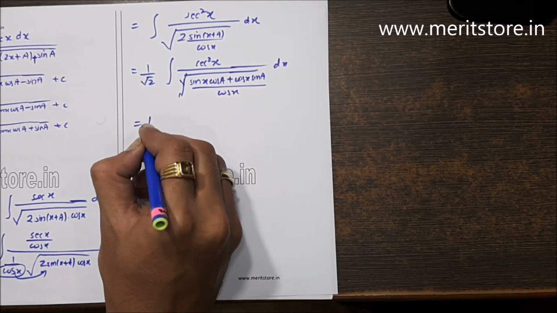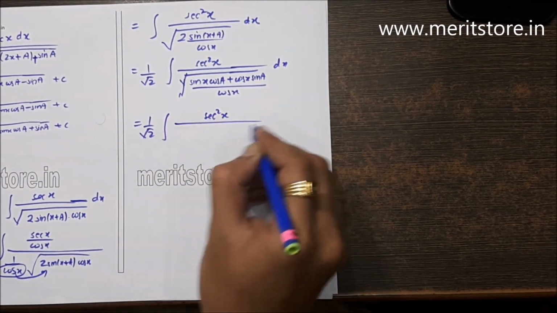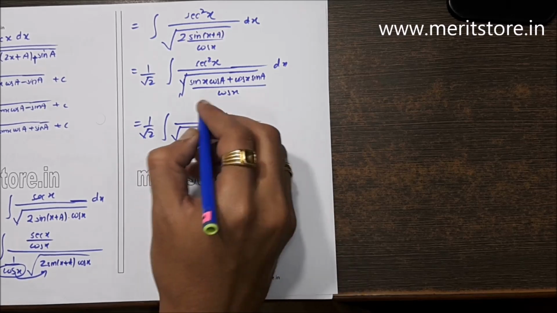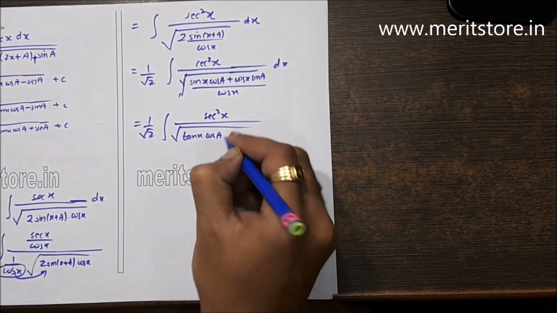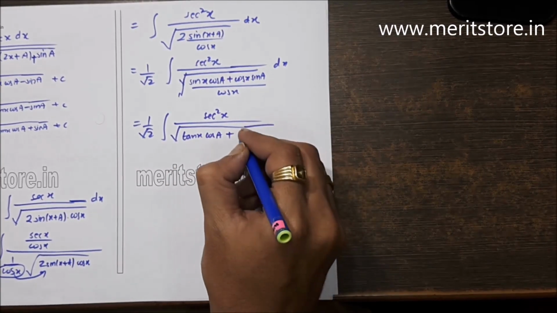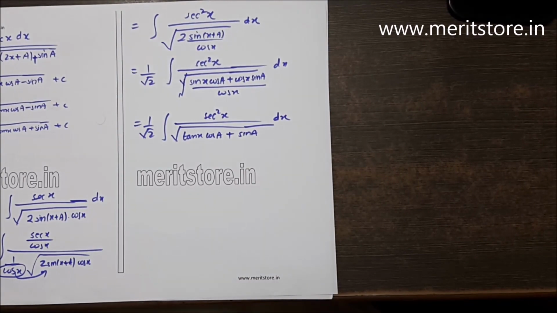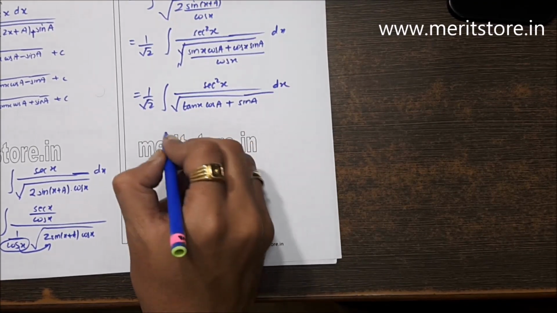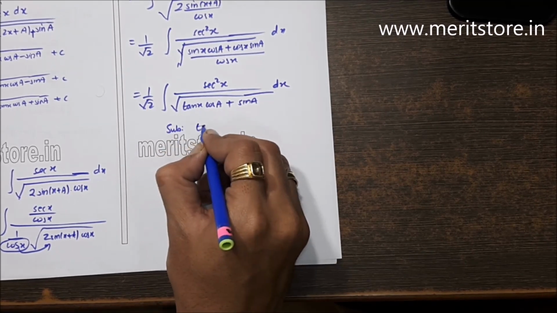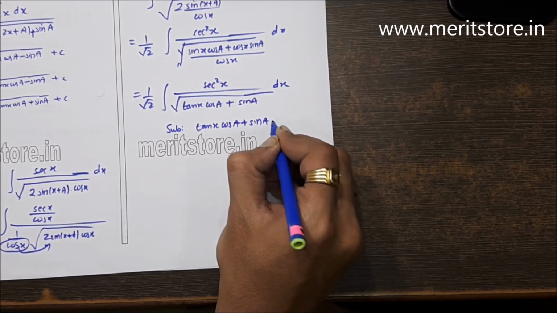Splitting the denominator, 1 upon root 2 integral of sec square x upon root of tan x cos a plus sine a dx. Now in the next step, I am taking the entire denominator as t, that is substituting tan x cos a plus sine a equals t.